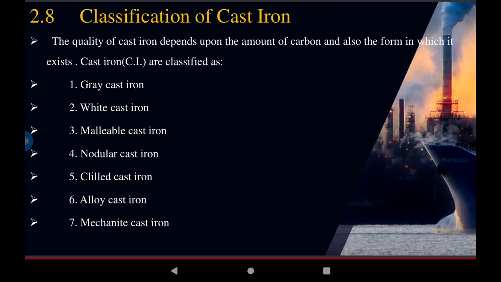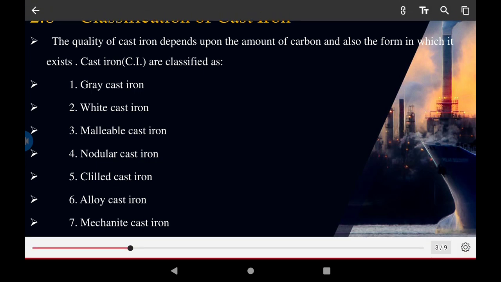Classification of cast iron. The quality of cast iron depends upon the amount of carbon, and also the form in which it exists in the cast iron.